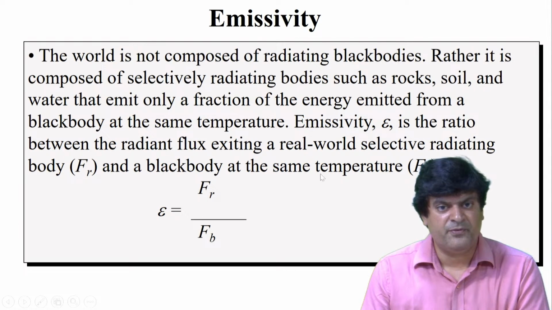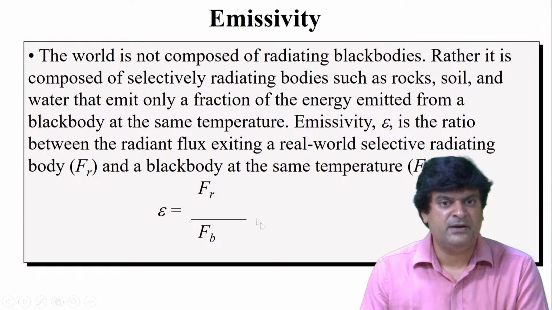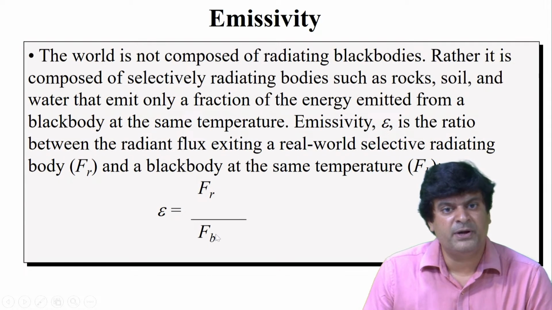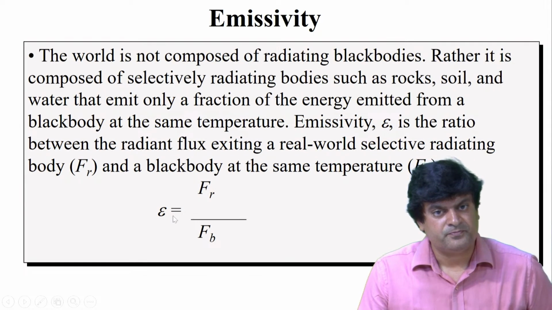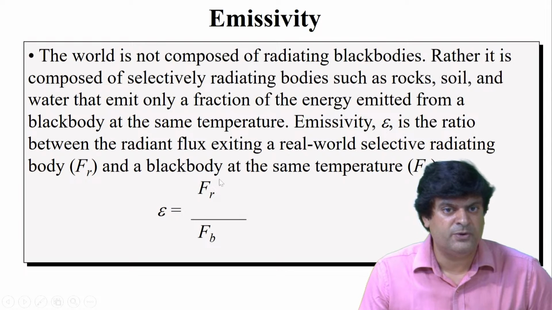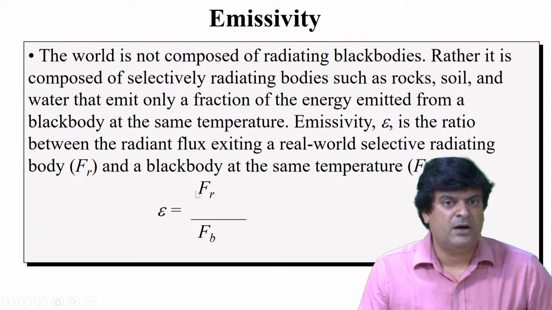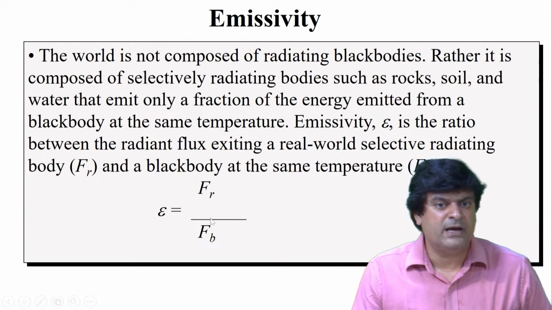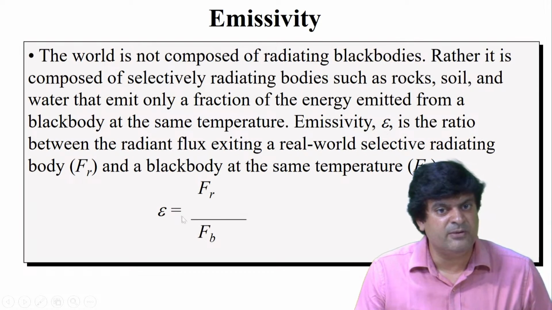The radiant flux exiting from a body will be less than that of the black body. If the gray body emits radiant flux in the same amount as the black body, then the emissivity becomes 1.